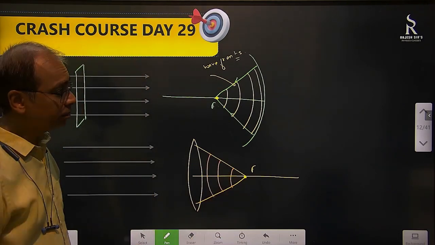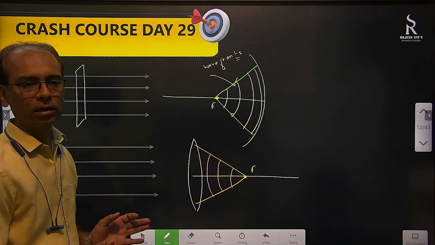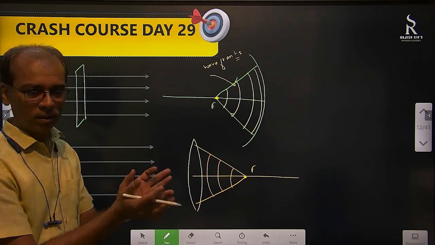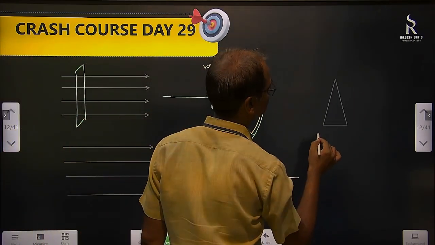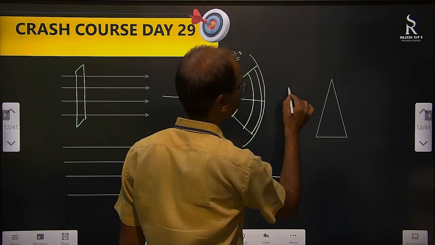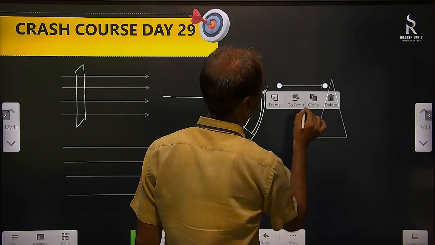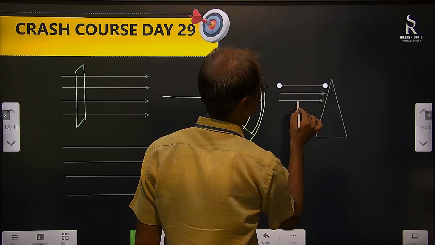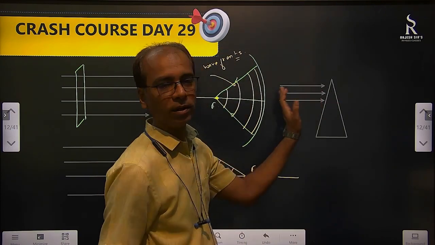Correct. Prism is there. Prism is not converging or diverging. It's just deviating. So a plane wavefront is coming. It will remain plane only, but the direction will change. This is the prism. So one plane wavefront we are making from this side. What will happen in the prism's case? These are incident rays.